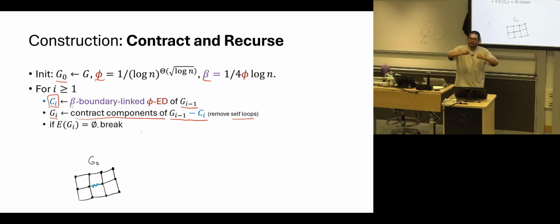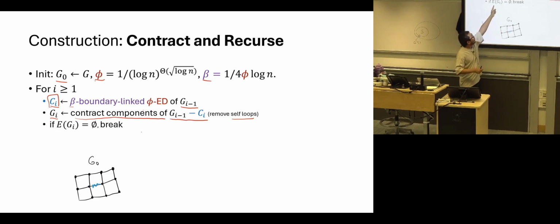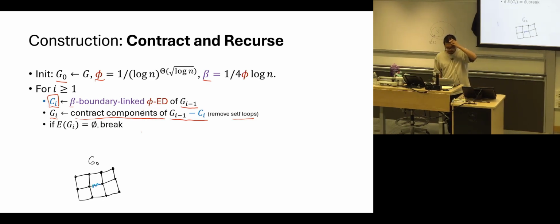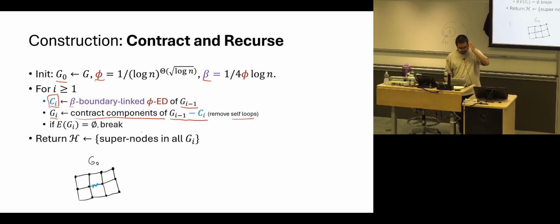For each component, contract it, remove the self loops, and that's G_i. You see that the graph keeps shrinking, and you stop when there's no edge.